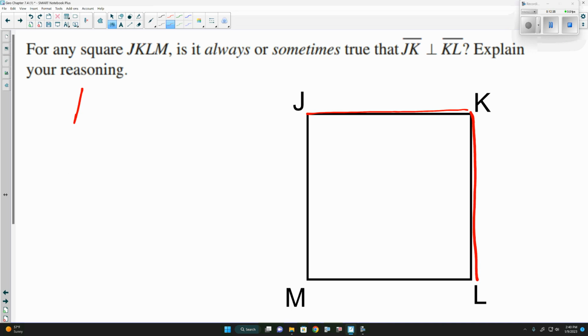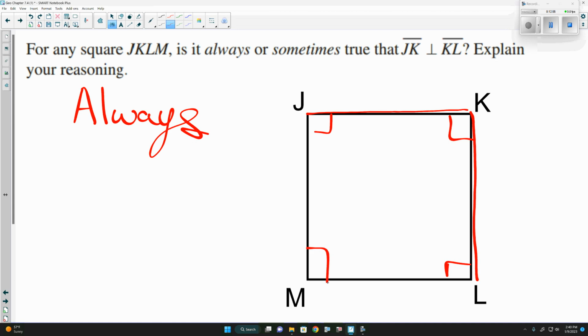Always. Why do we say always? If two sides are perpendicular, it means they meet at a 90-degree angle. And since it is a square, we know all four angles are 90 degrees.